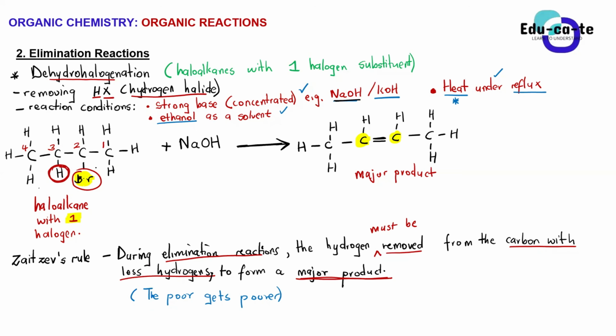So basically here, this H that we are eliminating can actually go and join with the OH there, because you can see that we have got NaOH as our base. You can still use any other base such as KOH. It can still work. So this hydrogen here will go and attach to this OH after elimination.